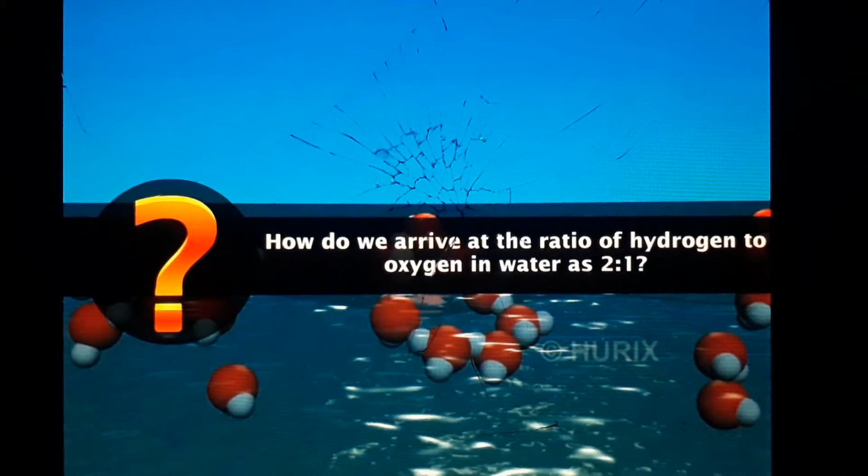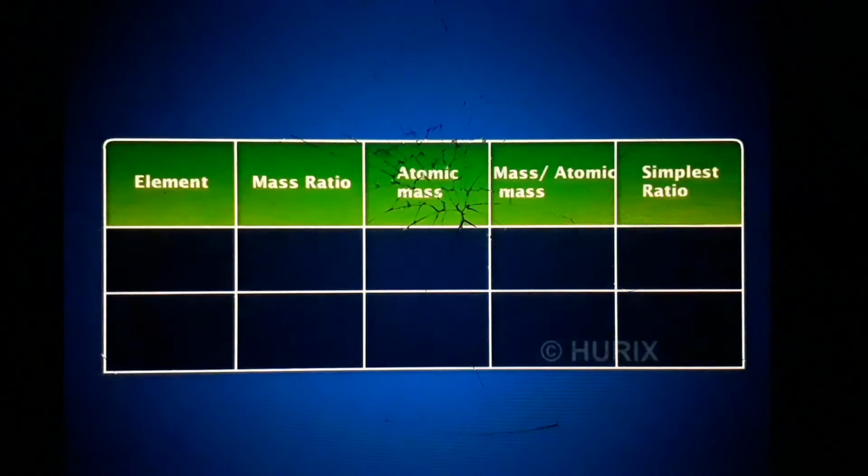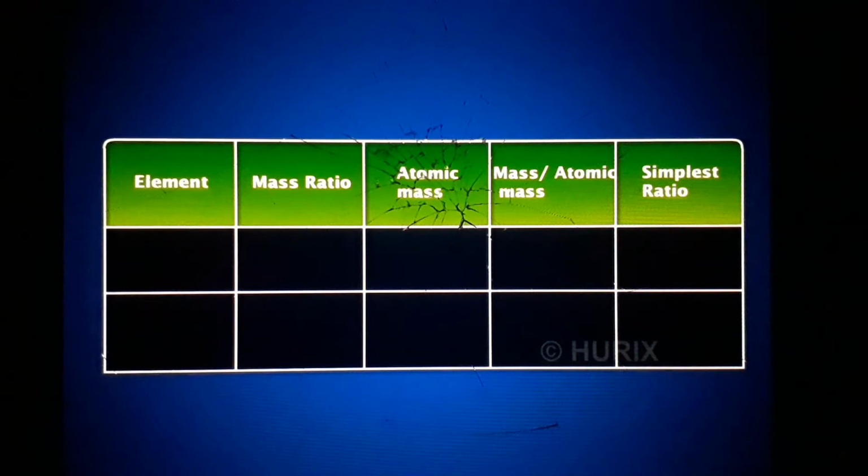How do we arrive at the ratio of hydrogen to oxygen as 2:1 in a water molecule? Look at this table. Hydrogen has the mass 1 and oxygen has the mass 8 in water. The atomic masses of hydrogen and oxygen are 1 and 16.